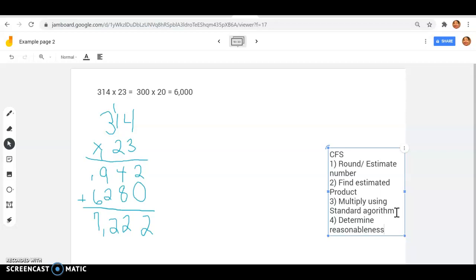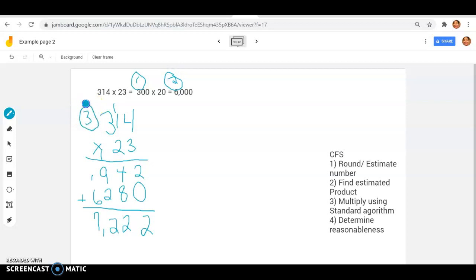So this is our CFS. Step number 1, make sure that you round or estimate the numbers. Estimate is a different word for round. Then you're going to find the estimated product. Step number 3, we multiply using our standard algorithm.